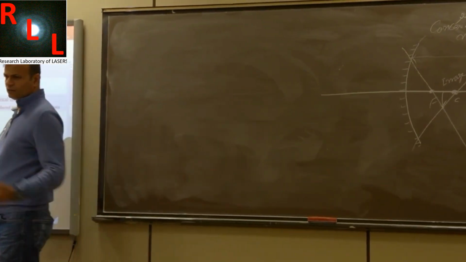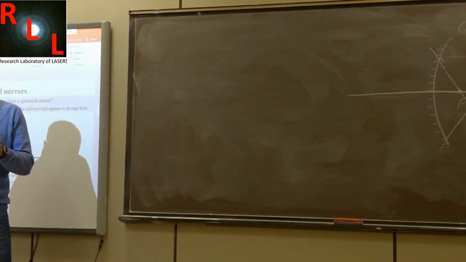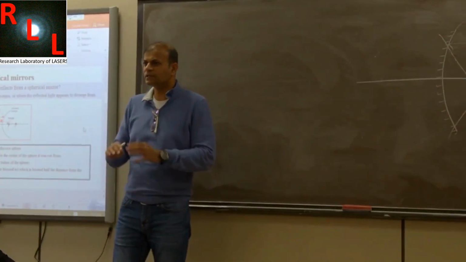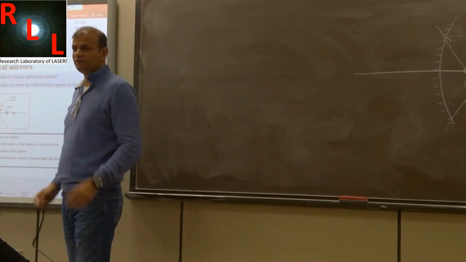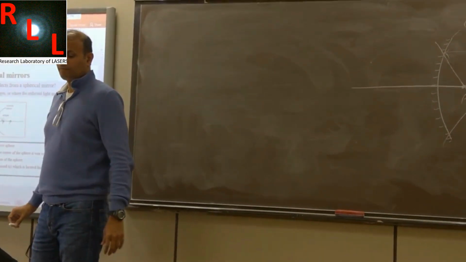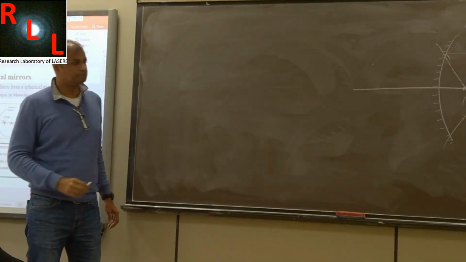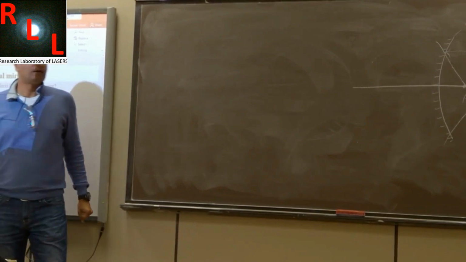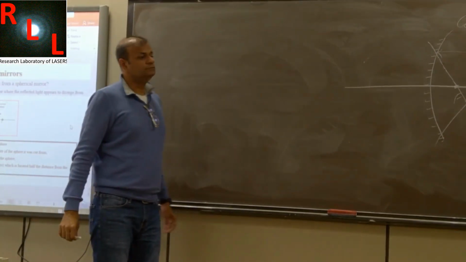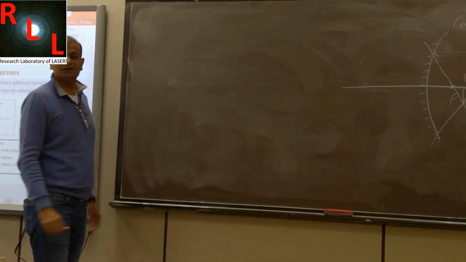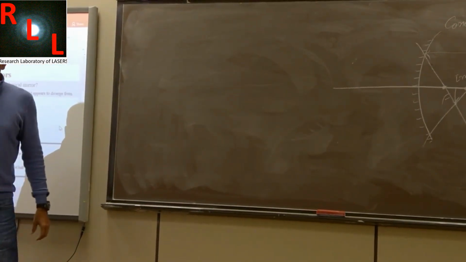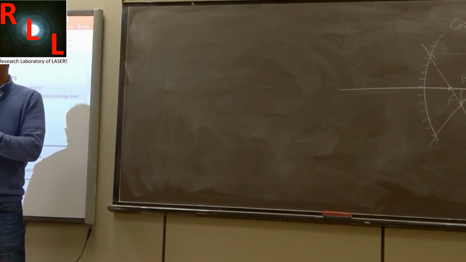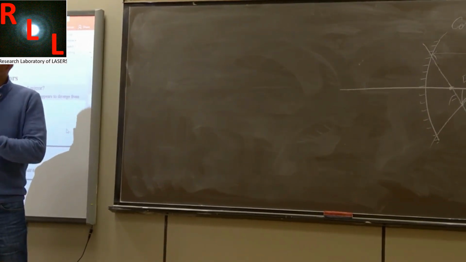Have you seen these kind of mirrors, spherical mirrors? Never? Curved. Have you seen the curved or spherical mirrors in the lab? Yes, there is a small one with a handle used by an old man. No, that is a lens. I'm asking about mirrors. Mirror, yes.